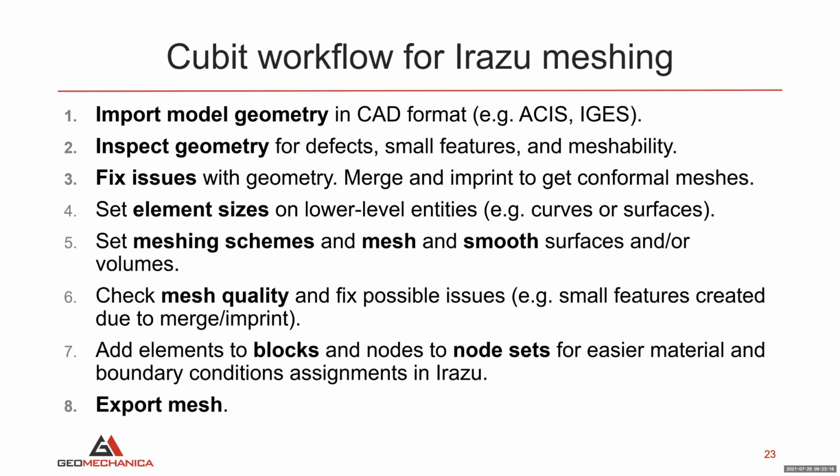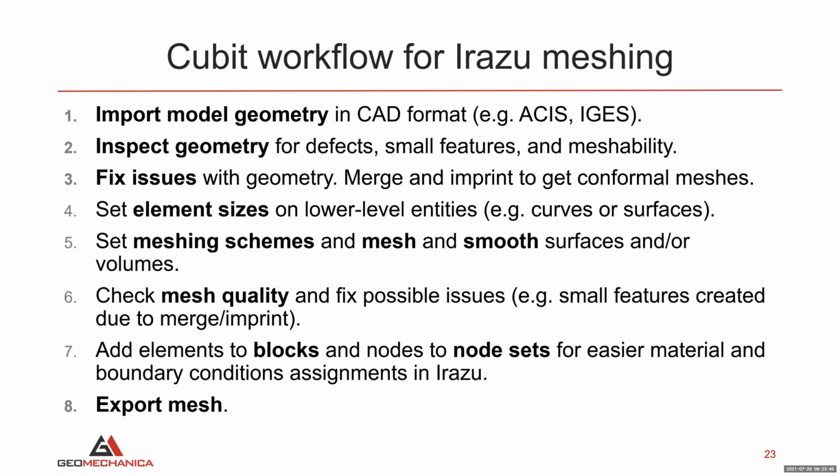You then have to carefully inspect the geometry for defects, small features, and meshability, because often the geometries that you import from CAD will have tolerance issues, or there might be duplicated lines, surfaces, and volumes. So you have to fix these issues with the geometry, and generally you have to merge and imprint to get conformal meshes.